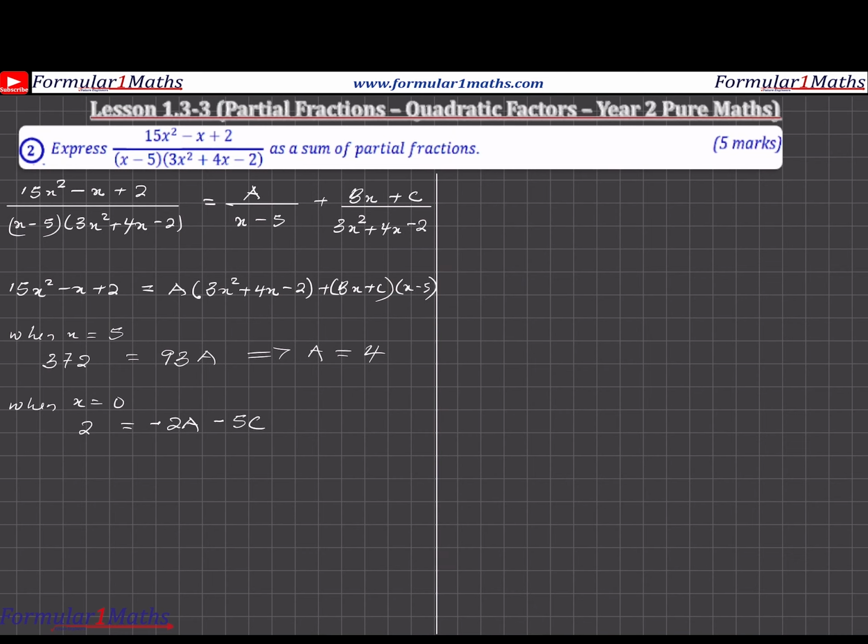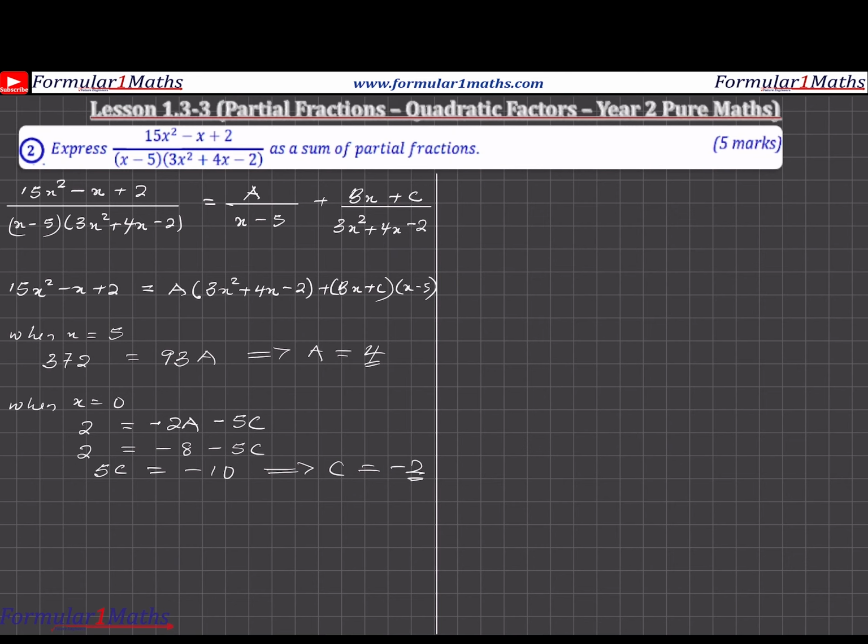But I know the value of a, so if I do my substitution, I'll get 2 equals minus 8 minus 5c, which implies that 5c is equal to minus 10. That means c is equal to minus 2.